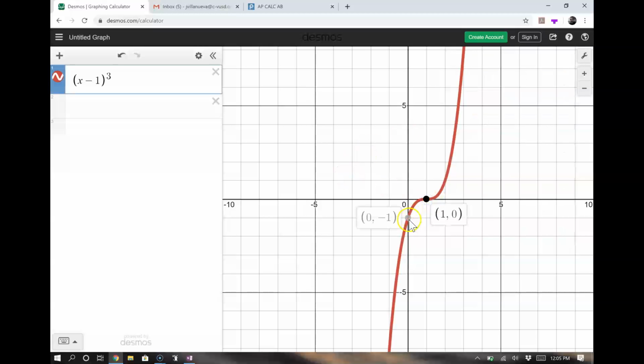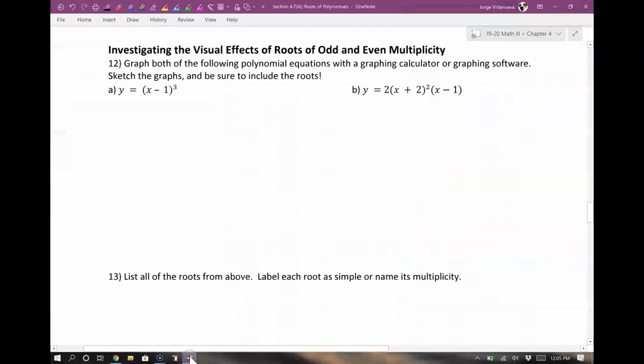You see those 2 points? On your graph that you're about to draw, just make a small graph. Make sure you include the y-intercept (0, -1) and the x-intercept (1, 0). So let me go back and I'll draw this for us here.